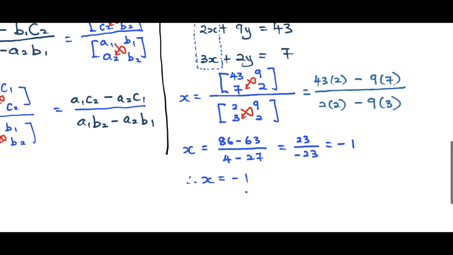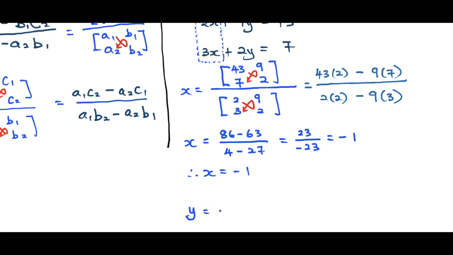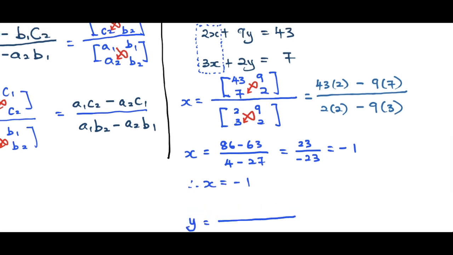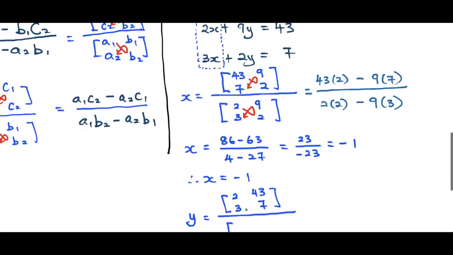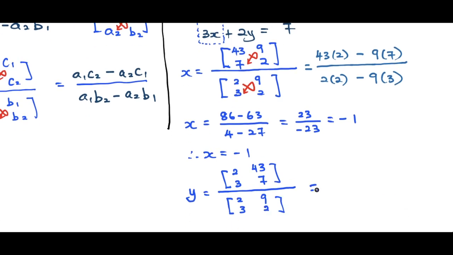The same way can be used to find my y. Always write the division. In order to look for y, I substitute the y column by the coefficients. So we write 2, 3, 43, 7. The determinant will be 2, 3, 9, and 2. Then you apply the determinant rule for these two matrices.